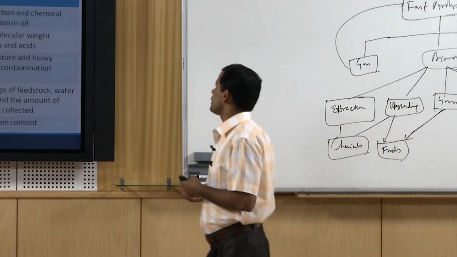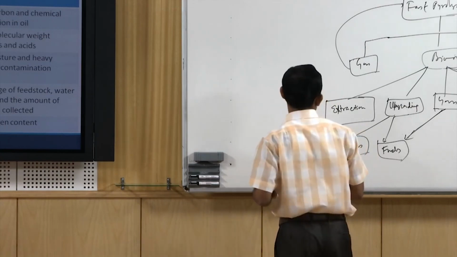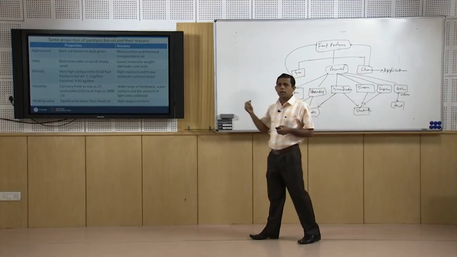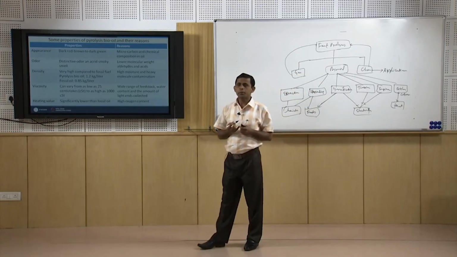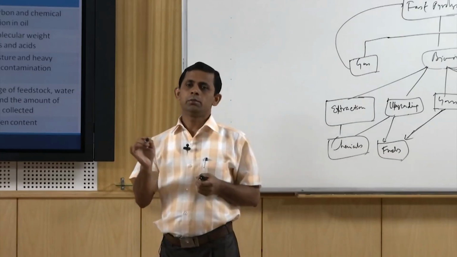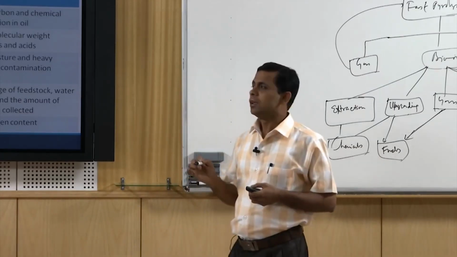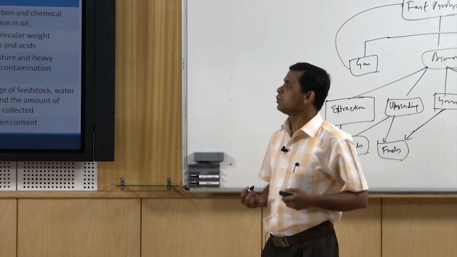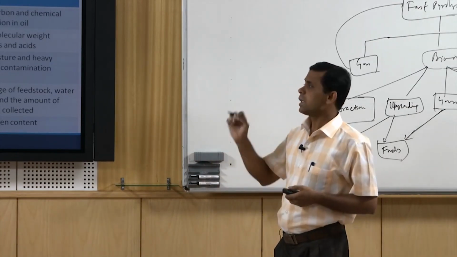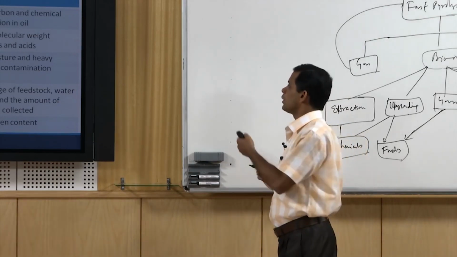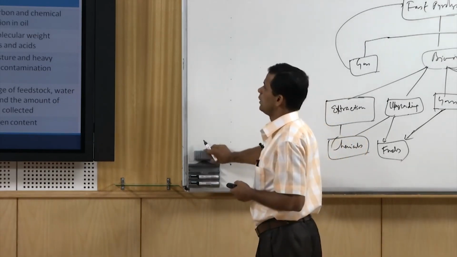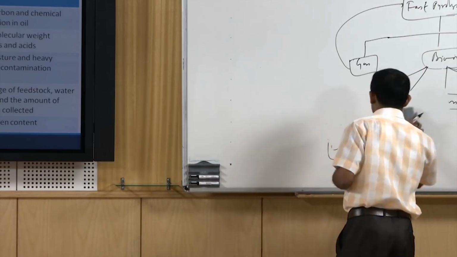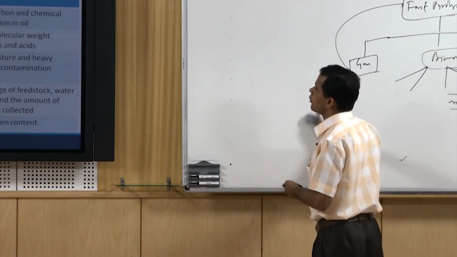There are some properties of the pyrolysis bio oil. We will now discuss some important properties and what is responsible for these properties. For example, this oil has a dark red-brown to dark green appearance. This appearance is because of micro carbon and the chemical composition in the oil. Another property is its odor.